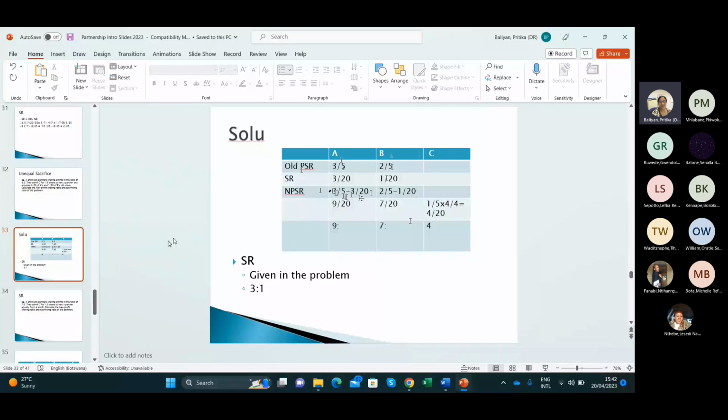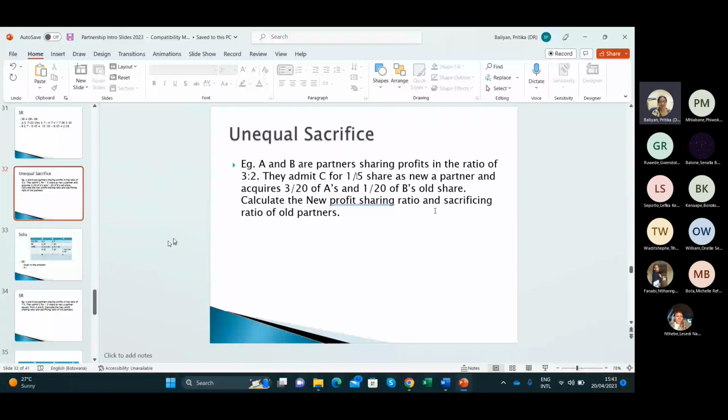The old ratio is 2/5, minus the sacrifice of 1/20, gives the new ratio of B. Same thing, you have to convert into the same denominator. To make 5 into 20, you multiply by 4. 4 times 2, 8. So 8/20 minus 1/20. 8 minus 1 gives you 7/20. So for partner A the proportion is 9, for B it is 7, and the new partner agreed to be given a 1/5 share.